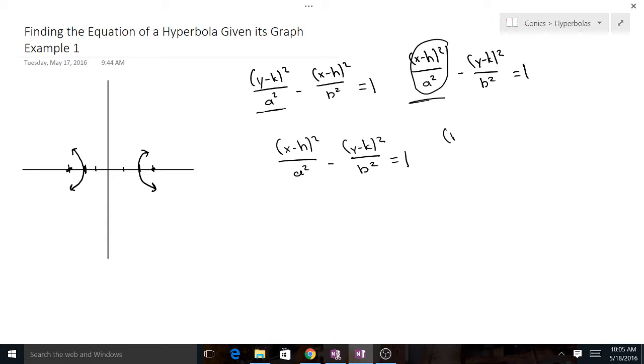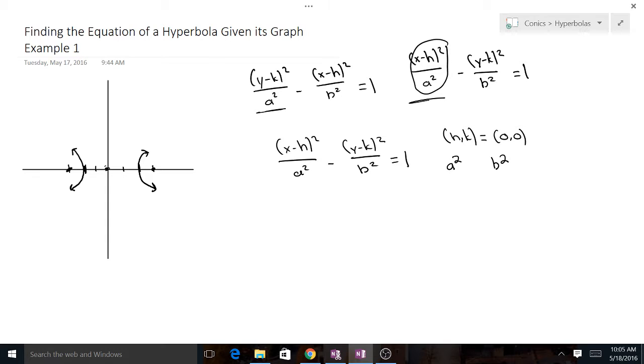We need to find h, k, which is the center, and we can figure that out. We can see that the middle of the two vertices and the foci is 0, 0. So that means our center is right at 0, 0. Center's at the origin. Now we need a squared, and we're going to need b squared eventually too.